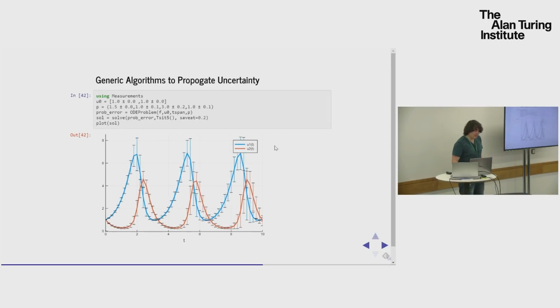So here we can say we know our initial condition exactly, but this parameter has some uncertainty: it's 1.0 plus or minus 0.1. This one is 3.0 plus or minus 0.2. We can put in these numbers with uncertainty, and the output of our ODE is all numbers with uncertainties associated with them. So you can generate solutions with uncertainties. And the nice thing about this is that we didn't have to sample, right?